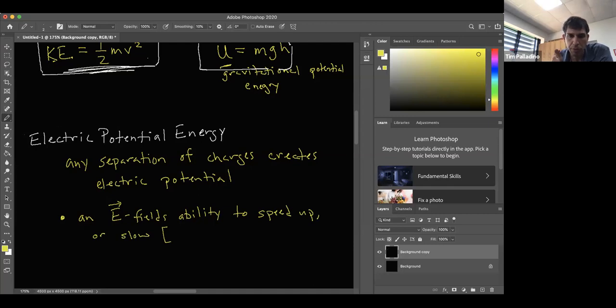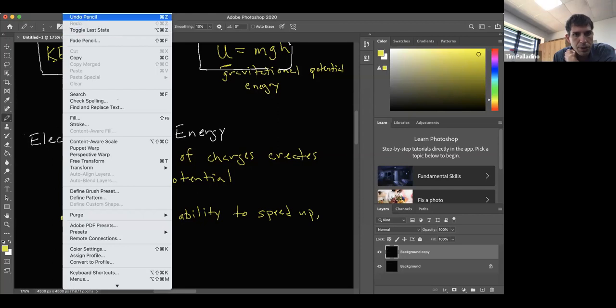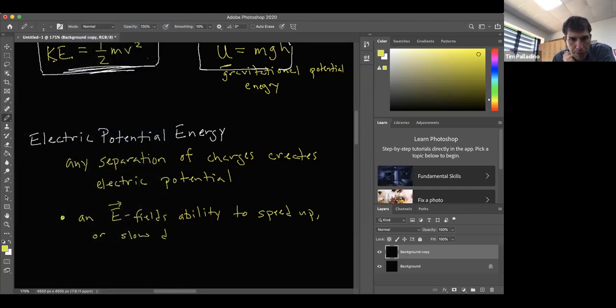So what do you do when you speed something up or slow it down? Sorry, let me back that up one second. Slow down. One way to think of this is to move, to cause things to move, slow down electric charges.